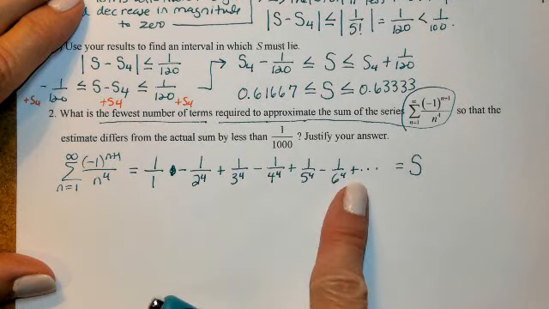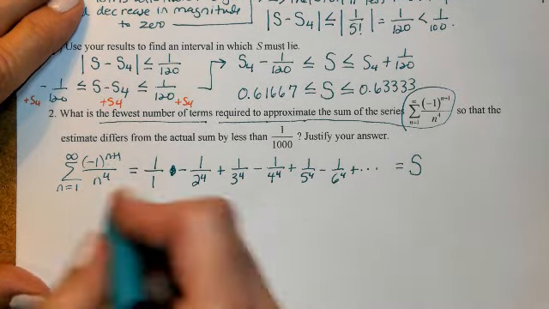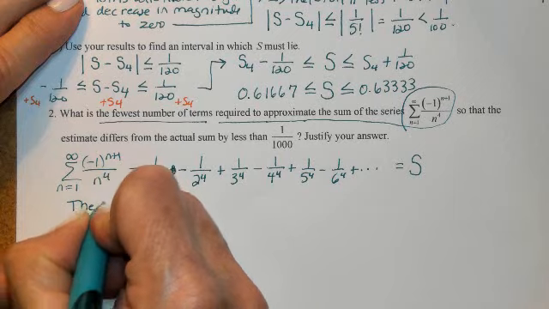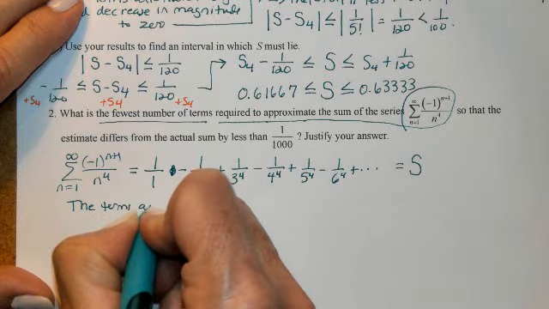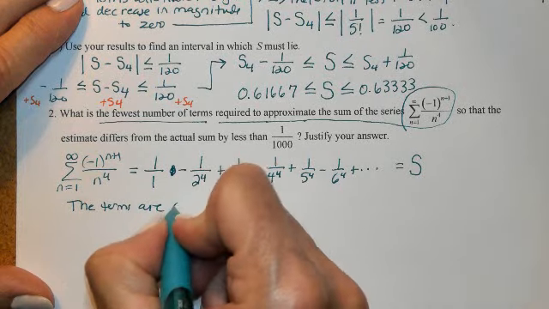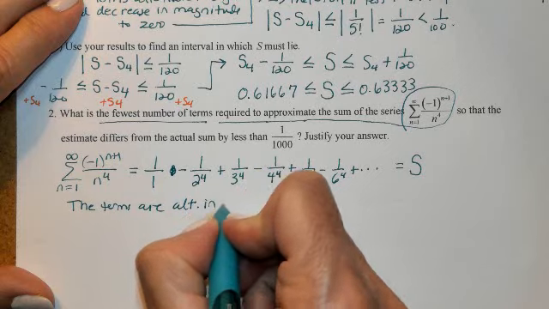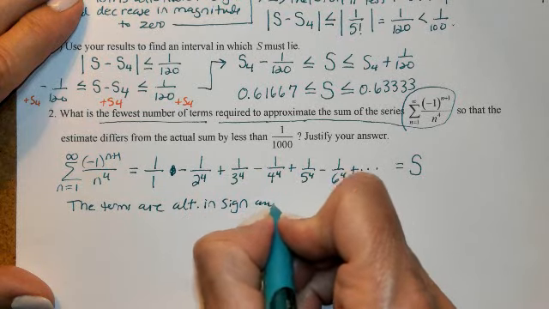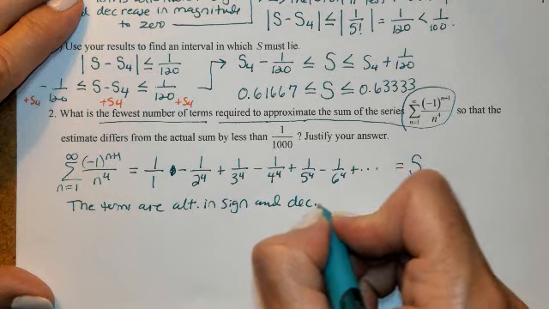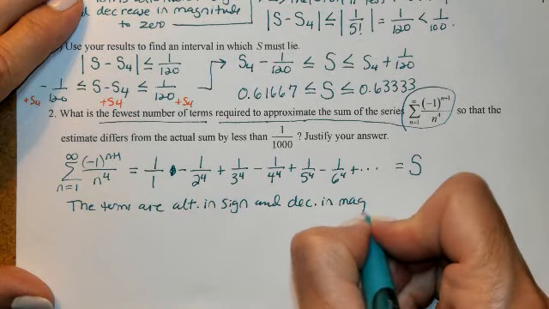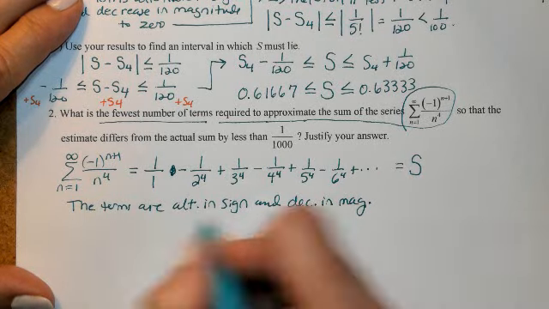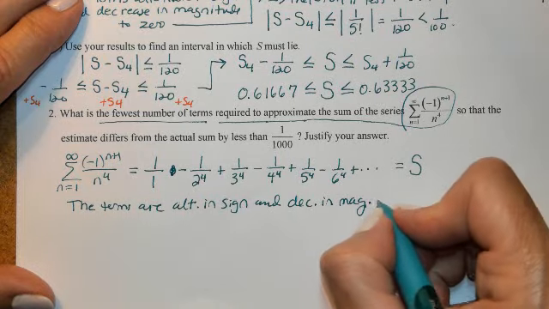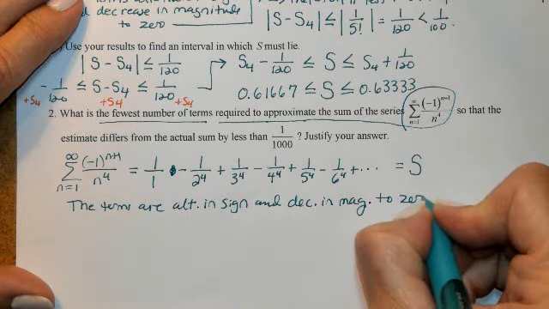What do you notice about the terms? The terms are alternating in sign. You can abbreviate. They're alternating in sign and decreasing in magnitude to 0.